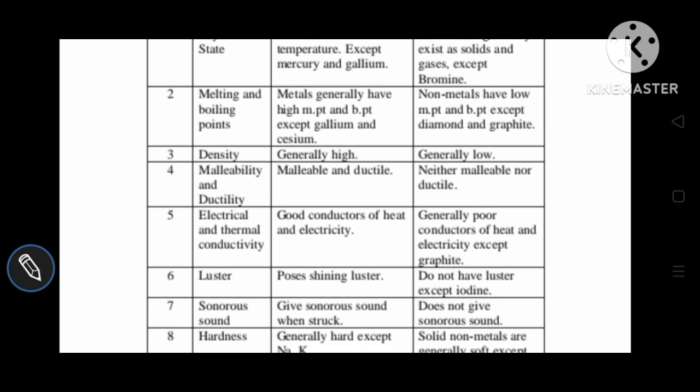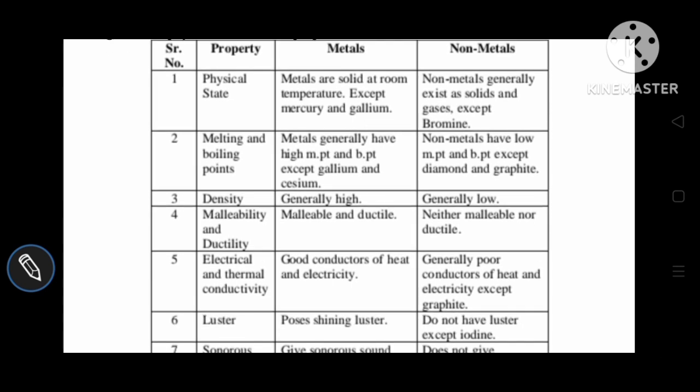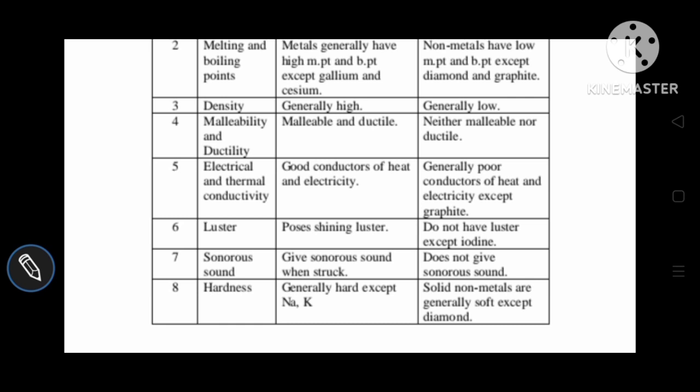Or you can be asked to write the differences or similarities between metals and non-metals, or what are the physical properties of metals and of non-metals. If you study and memorize this table completely, you can answer different types of questions of 1 mark, 2 or 3 marks.